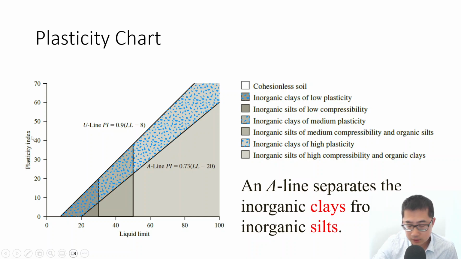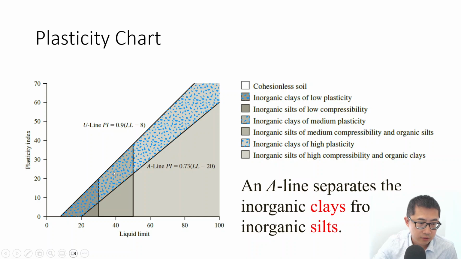So for the soil we just looked at, our liquid limit is 39.5, almost 40, and our plasticity index is about 22. So 22 is not 17.5, it's 22. So 22 somewhere over here, you draw a horizontal line, and then you draw a vertical line out of this 39.5 over here.